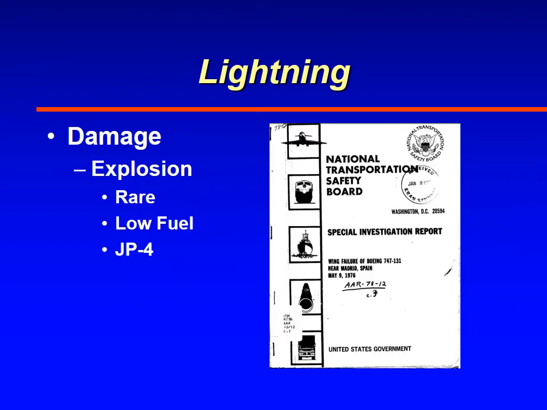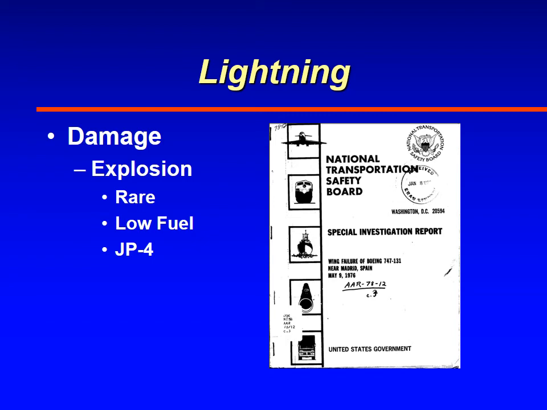So what happens to the airplane when it gets struck by lightning? Does it explode? No, that is very rare. Typically, aircraft that have exploded were very low on fuel, so there is a mixture of air and vaporized fuel in the tanks when the aircraft was struck.